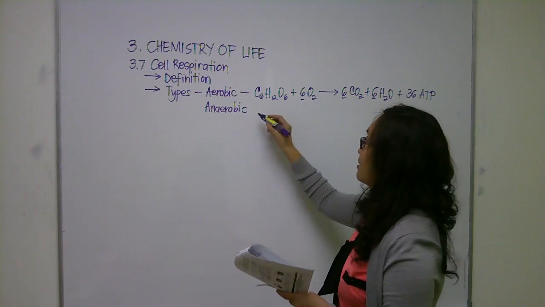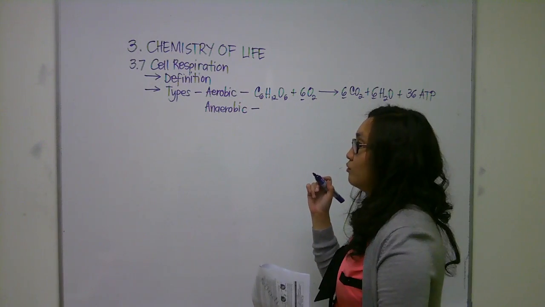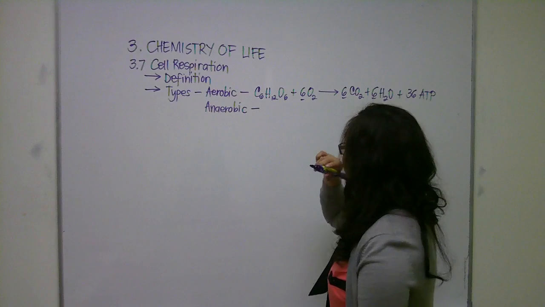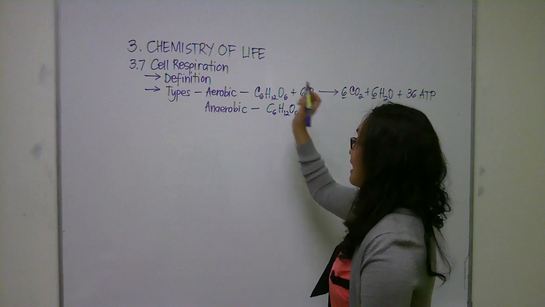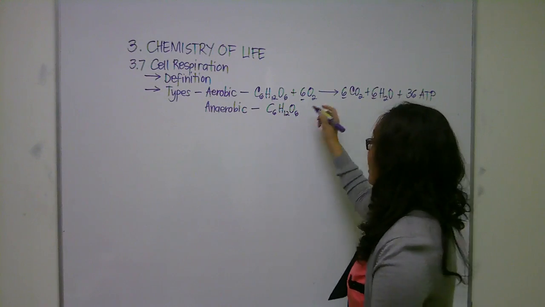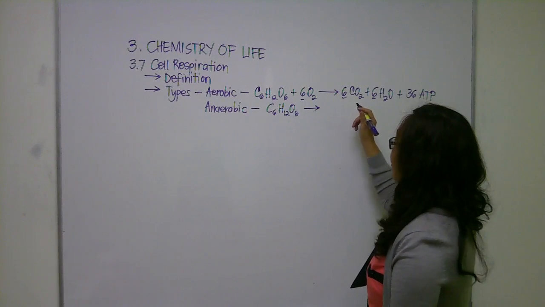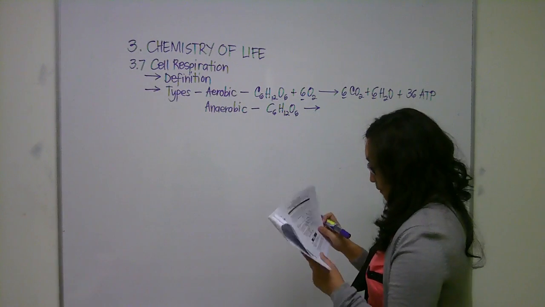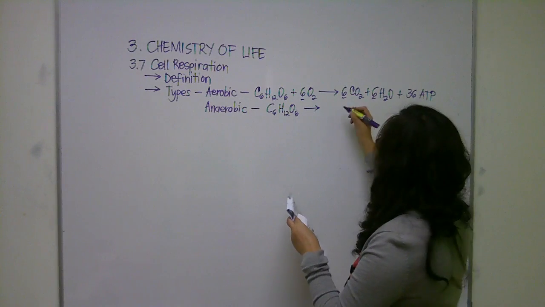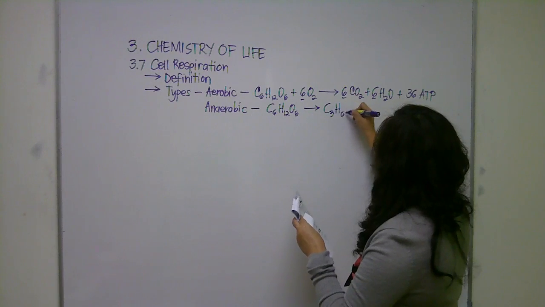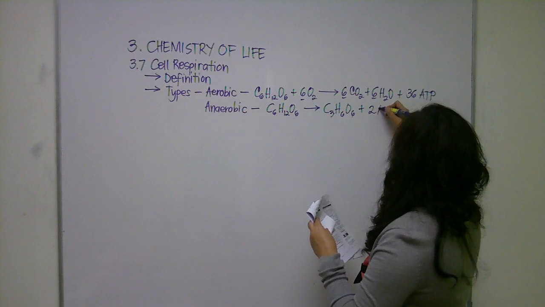In the case of anaerobic respiration, there are two things that can happen. It can happen in yeast cells or in muscle cells. In muscle cells, it also uses glucose. Of course, anaerobic respiration occurs in the absence of oxygen, so there's no oxygen there, but it produces lactic acid and 2 molecules of ATP.